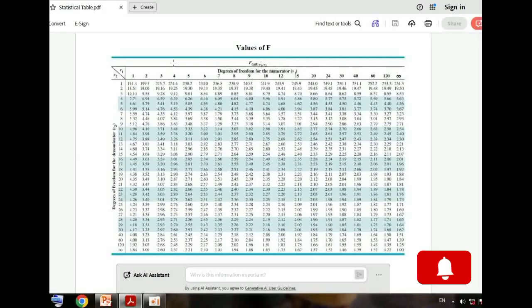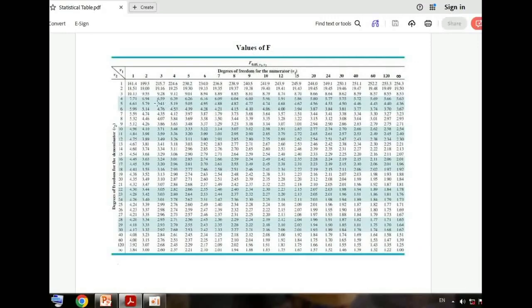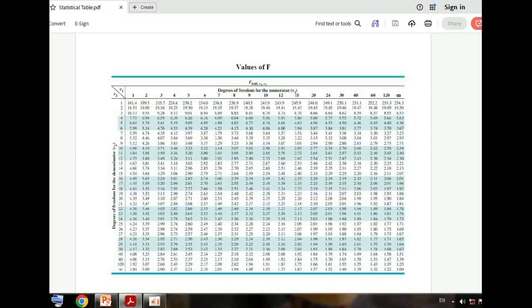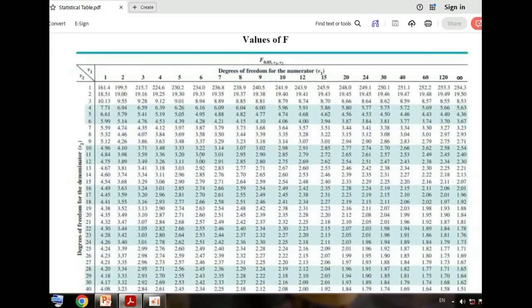This is the statistical table for the F variance ratio test. Horizontally we consider the degrees of freedom for the numerator, and vertically the degrees of freedom for the denominator.